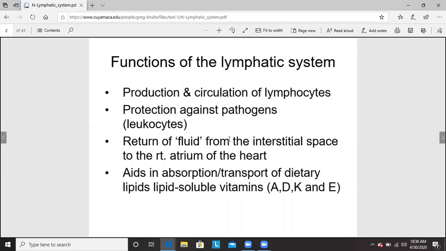Also, return of fluid from the interstitial space to the right atrium of the heart, and we'll get to how that happens. And it aids in the absorption and transport of dietary lipids and lipid-soluble vitamins. So the lipid solubles are A, D, K, and E.